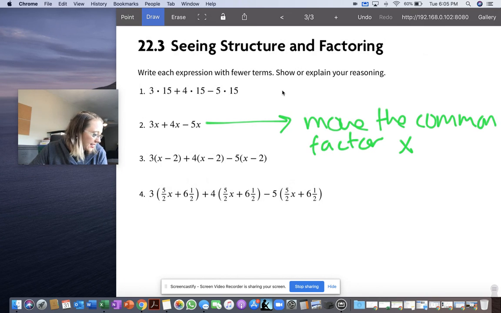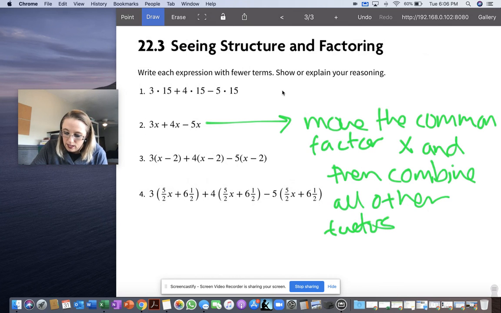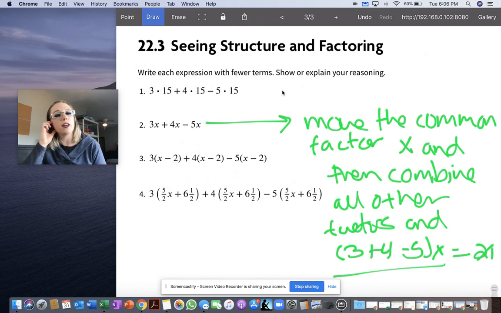Okay, so take the x out and then combine all other factors, and you get 3 plus 4 minus 5 times x. All of that is going to equal 2x. When you solve that all the way through, you're going to get 2x. Okay?